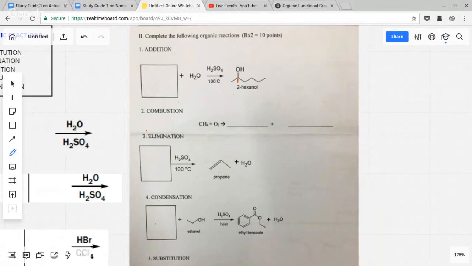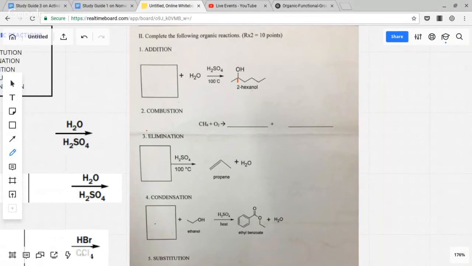So when you predict these kinds of reactions, always remember that your parent will be always your parent. So hexanol means hex, 6. So your parent will never change. It's always the hex. But how do you manipulate your 6-carbon structure such that it will pave the way for the possibility of your addition reaction to take place?